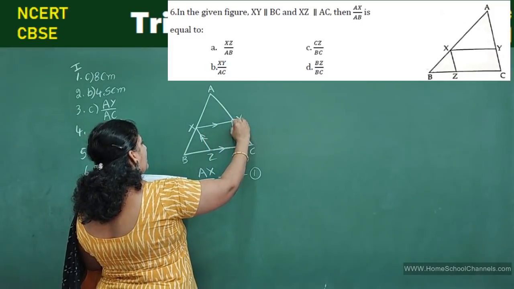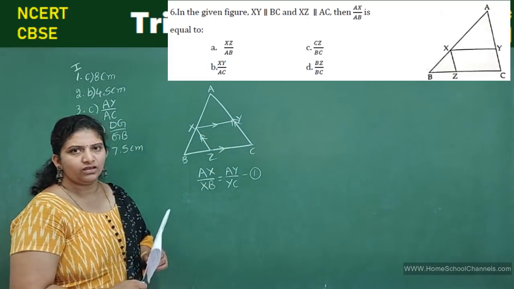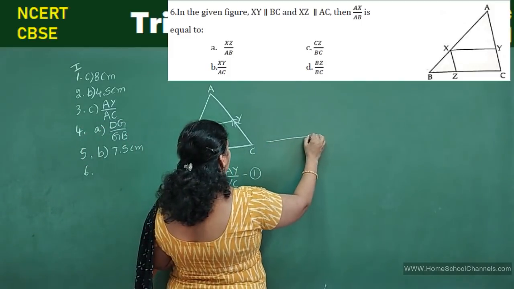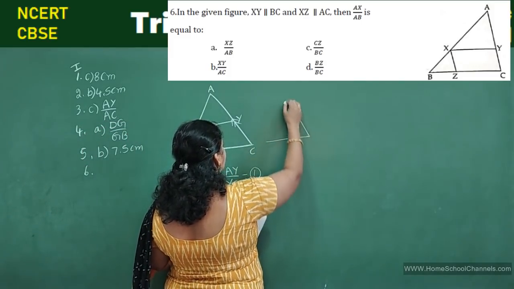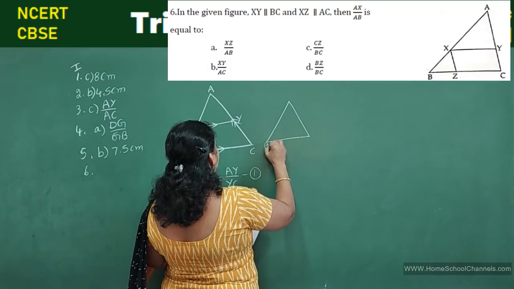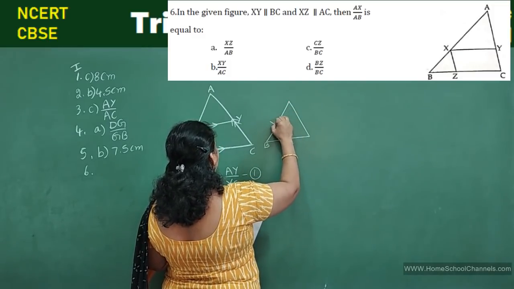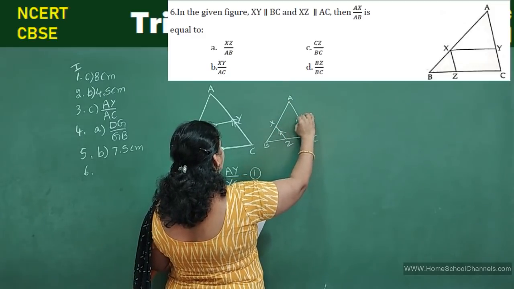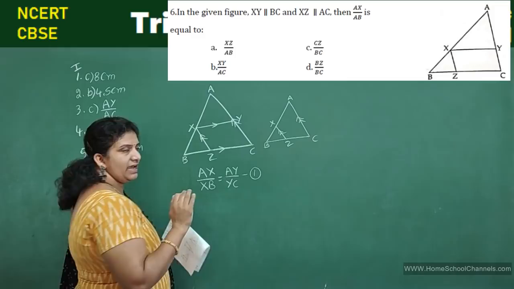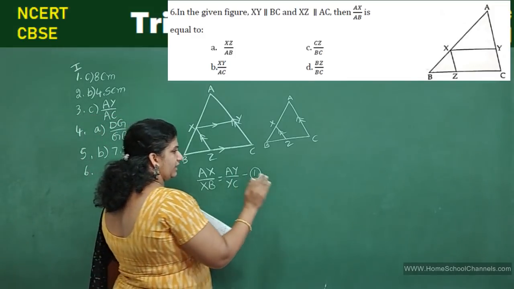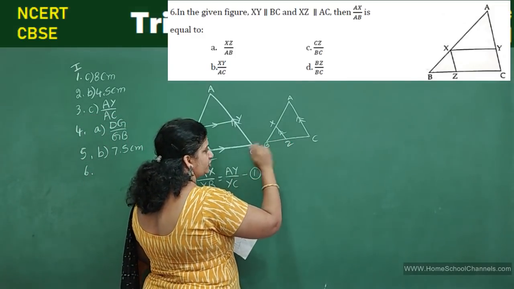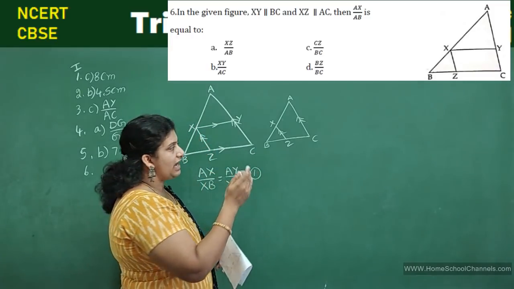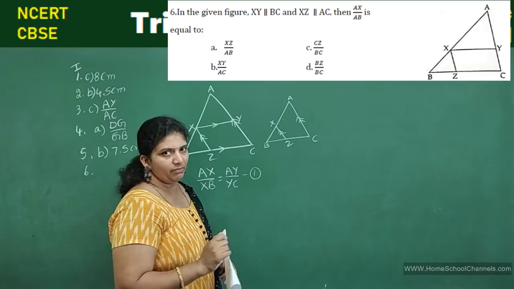Again, observe this triangle, or let me draw it separately: Z, X, A, C. If these two lines are parallel, by BPT the ratios are in proportion.